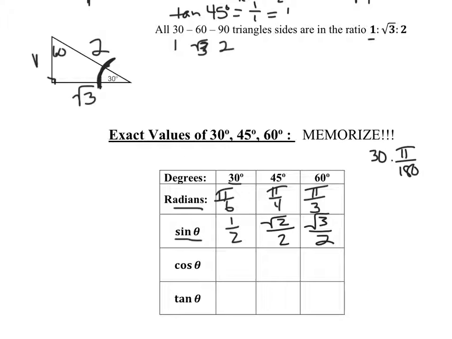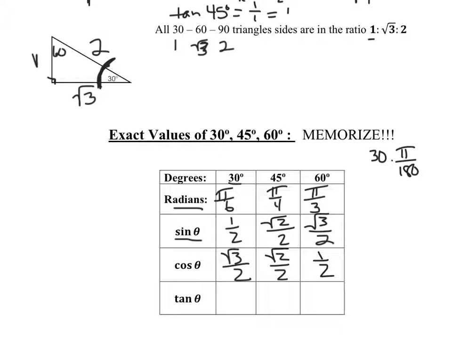Cosine of 30 degrees: this is 30 degrees, and cosine is adjacent over hypotenuse, so that's radical 3 over 2. We know the 45 one already. And the cosine of 60 degrees: this is 60, so it's adjacent 1 over 2.